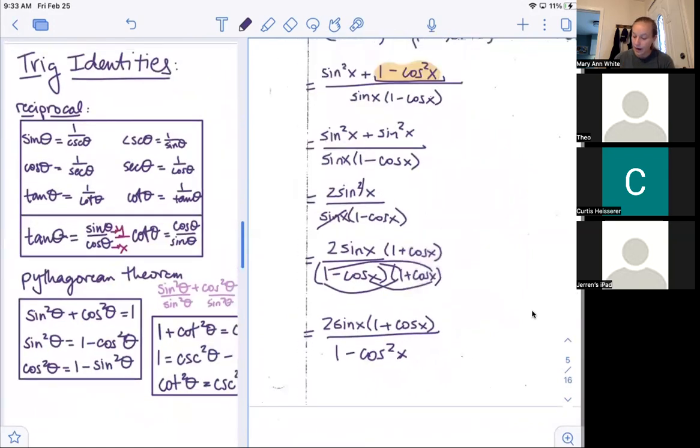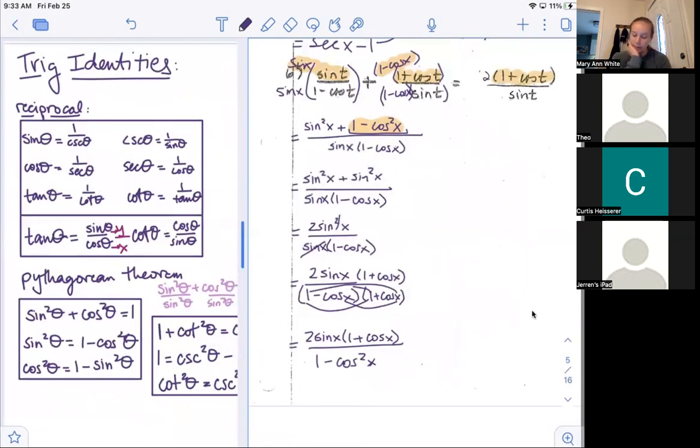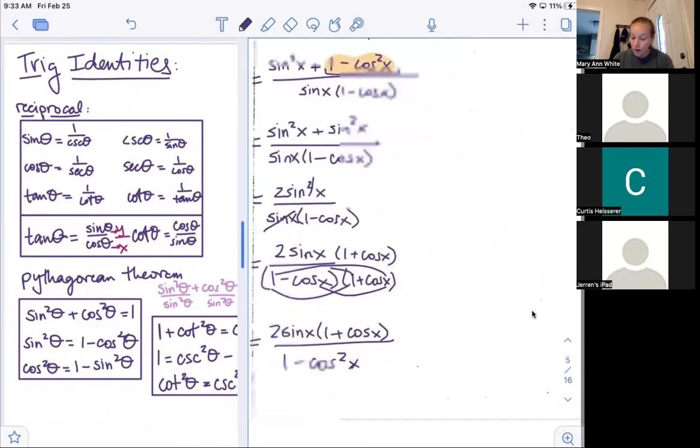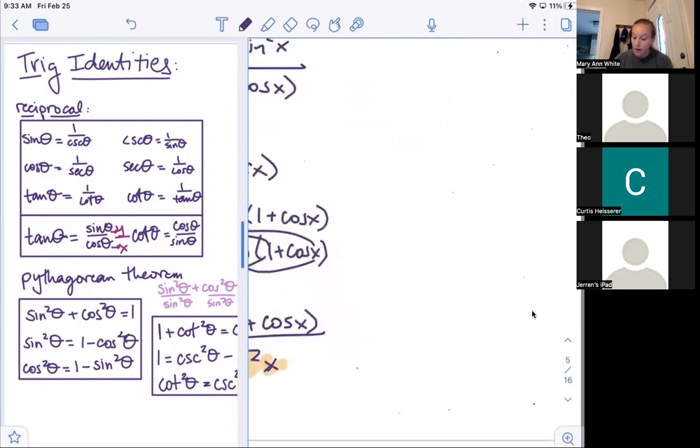Now that I know I want sine in my denominator, what can I do? Turn 1 minus cosine squared x into sine squared x. Perfect. We're going to take 1 minus cosine squared x and make it sine squared x. We essentially did that earlier in the problem, and we're going to do it again.